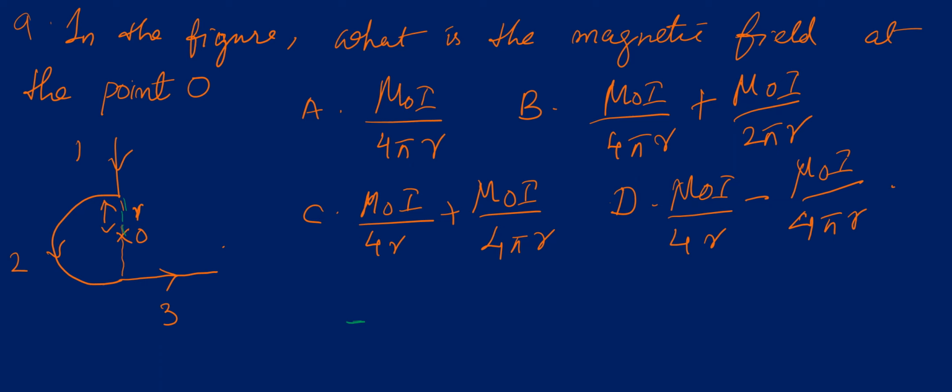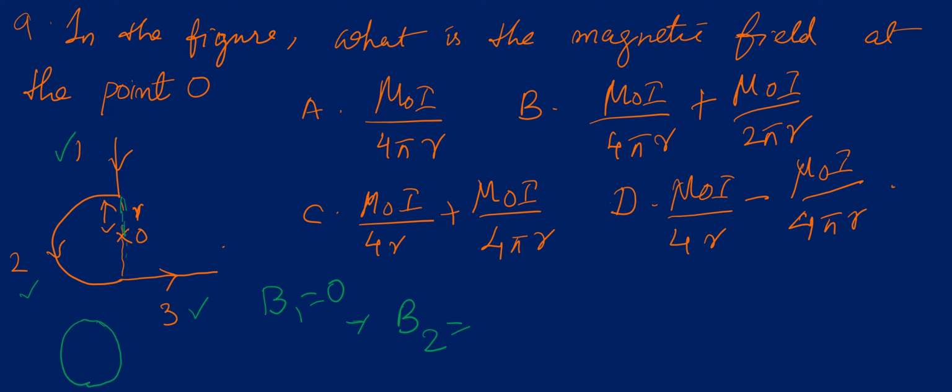In the figure, what is the magnetic field at the point O? In the figure, there are 3 parts, 1, 2, 3. So due to the first part, magnetic field equals 0 because the point O is on the axial line of the conductor. And the second part is only a half portion of the circle.